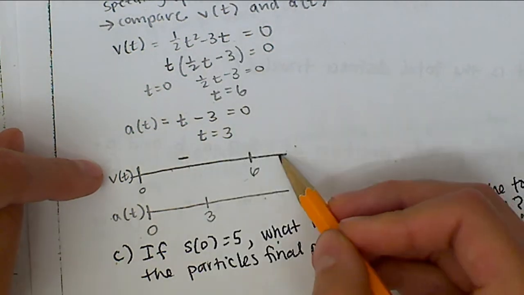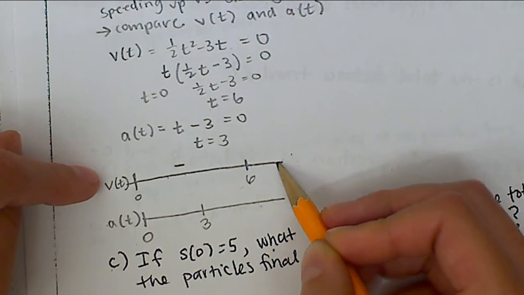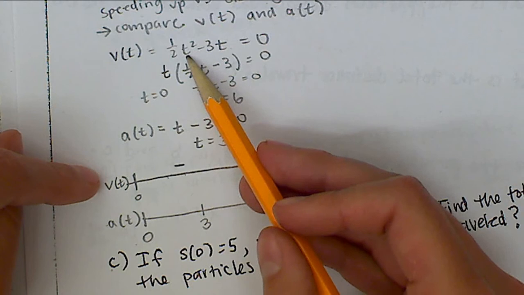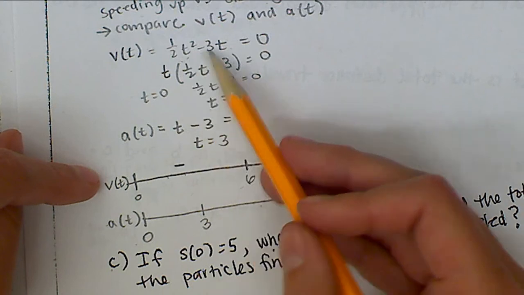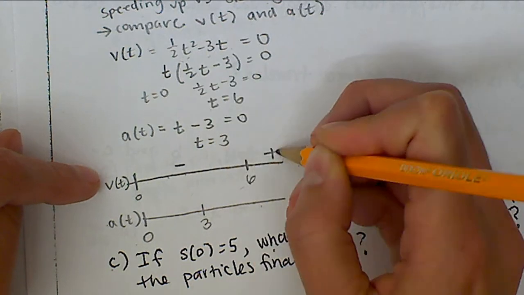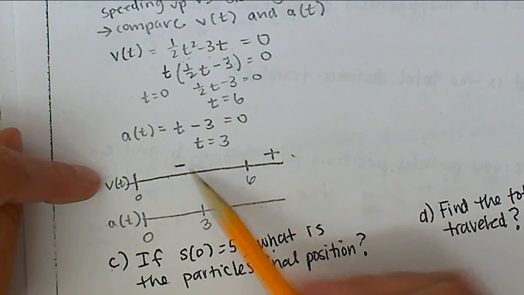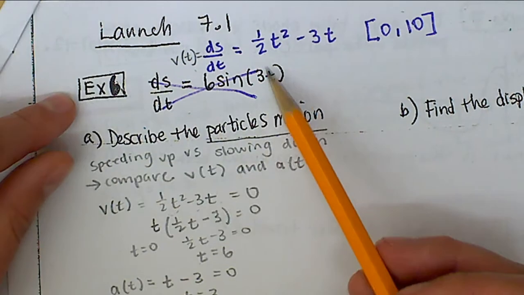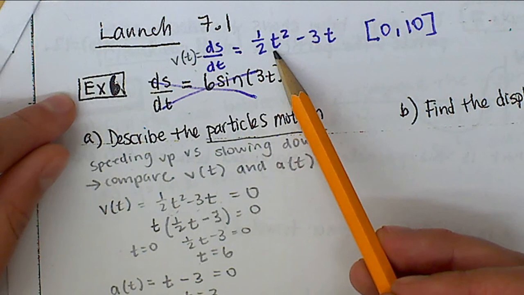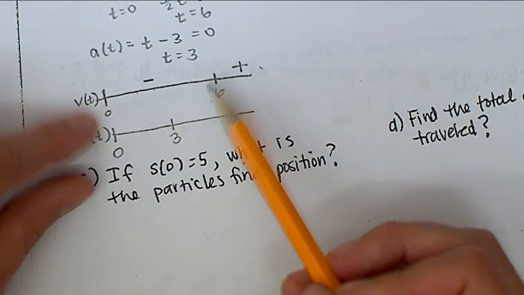And if I plug in 10, I would get 100 divided by 2, so 50 minus 30, that's a positive number. So velocity goes from negative to positive, so this 6 is a minimum. That makes sense, because I just have a parabola that has not been reflected. So 6 is a minimum.